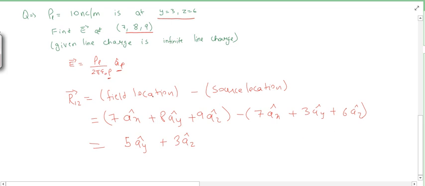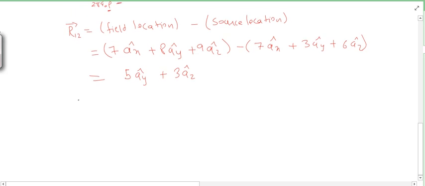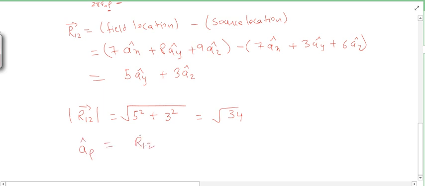So this will be the r12 vector, and the perpendicular distance will be the magnitude of this vector, that is under root of 5 square plus 3 square, 25 plus 9, so it will be under root of 34. And the arrow cap will be r12 vector by its magnitude, so it will be 5 ay cap plus 3 az cap by root 34.